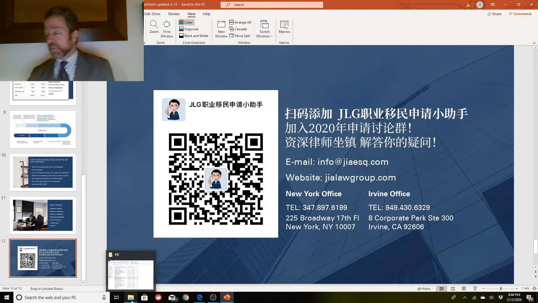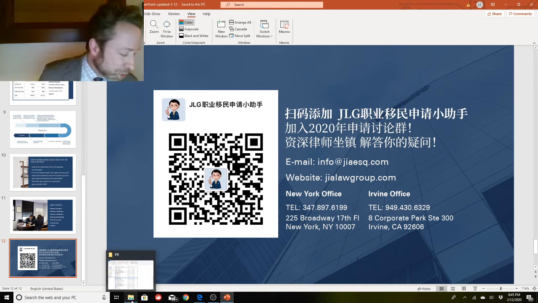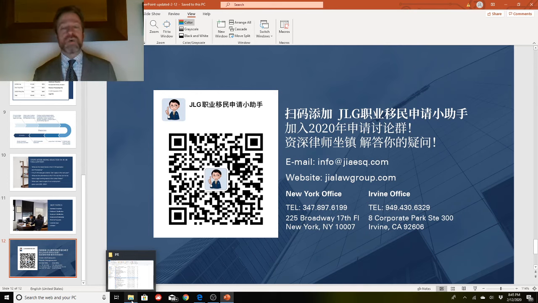An employer should not register the employee if they don't intend to file a petition. So it's important to register for the lottery with employers that have a bona fide intention to sponsor the employee for the job and intend to file an H-1B petition.